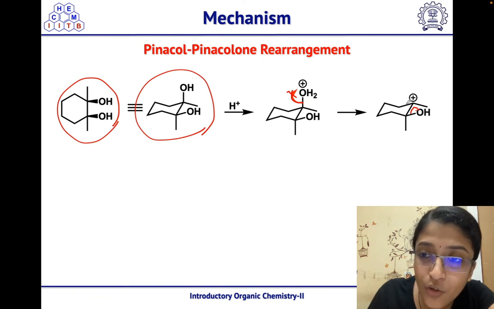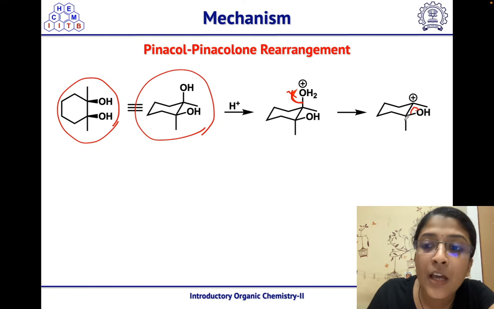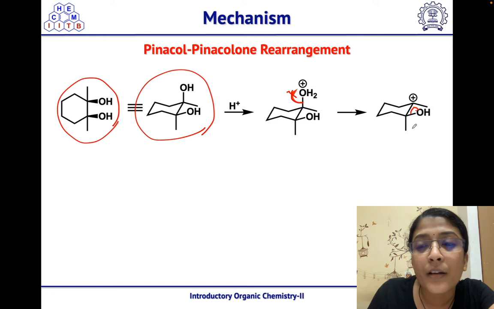Because of the interaction of the sigma star of this methyl group, which is axial, with the empty orbital of this carbocation, this methyl group is migrating and not this carbon-carbon bond.